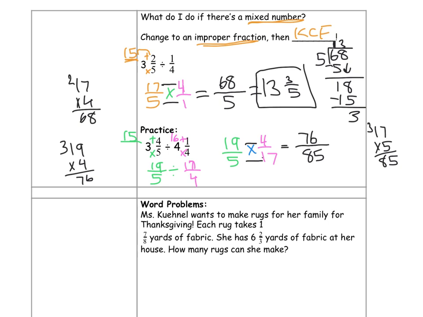So this fraction's kind of big, but we need to see if we can reduce. So because this 85 ends in a 5 and 76 does not end in a 5, these cannot be reduced down, and I will tell you why. Because if we try to divide 85 by 4, we're going to get a decimal.